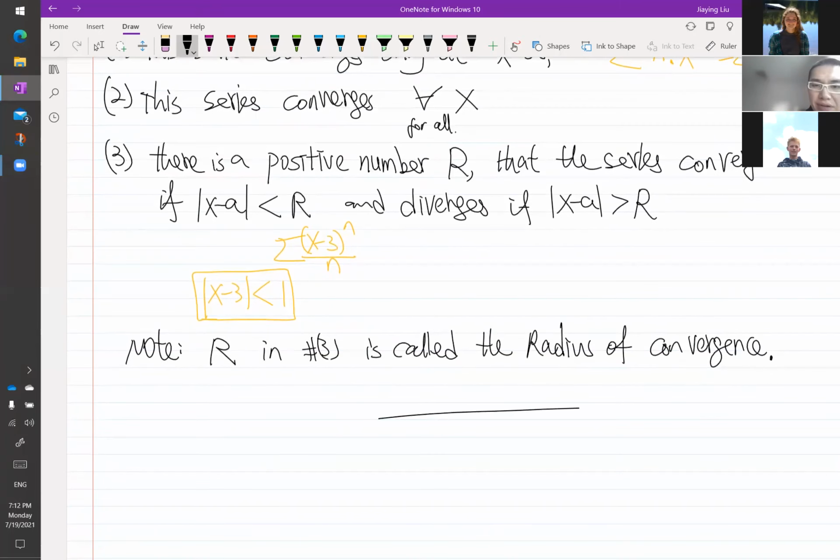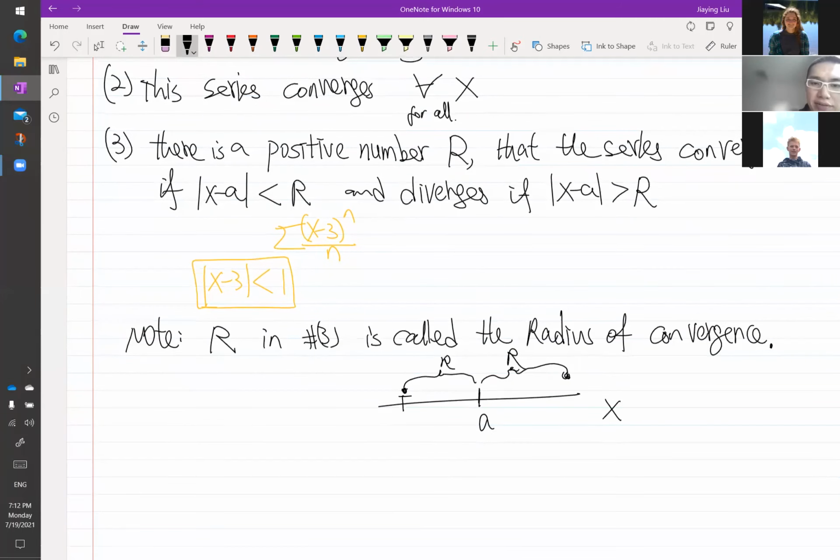Basically, let's look at the number line. If you have a here, and for x in this part, this is distance R from a, and this is also distance R from a.